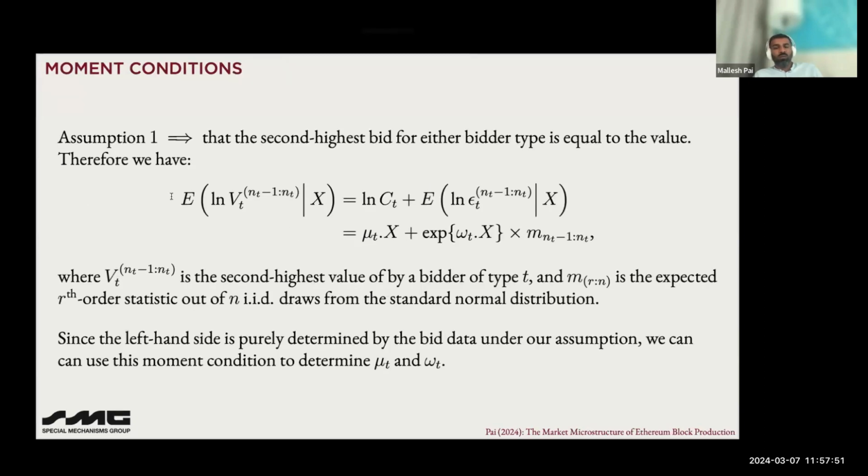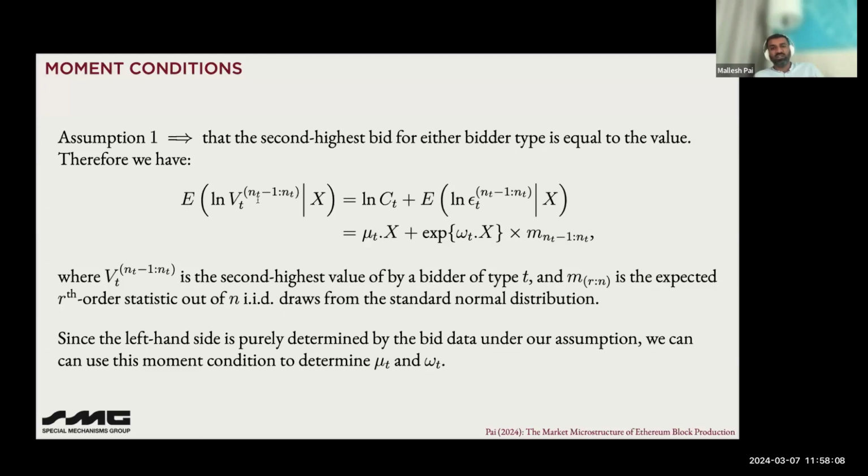And we're going to use our identifying assumption. How are we going to use it? Well, the second highest bid is equal to the second highest draw from N_T, where N_T is the number of bidders of that type drawing from that distribution.